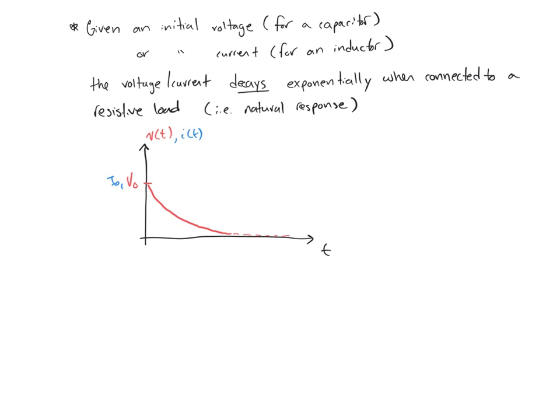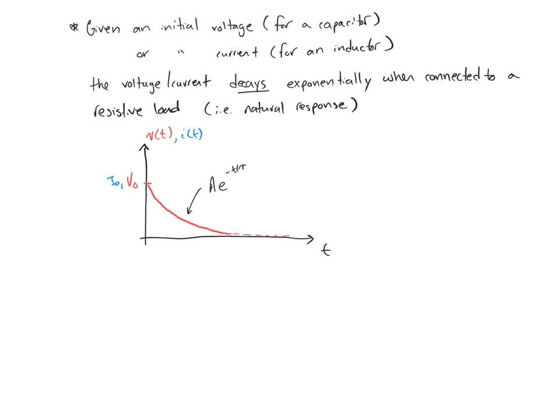A couple of rules of thumb here that I think are useful when analyzing this. So this curve represents the function a e to the minus t over tau in either case, where a is v naught or I naught depending on whether it's an RC or RL circuit respectively.